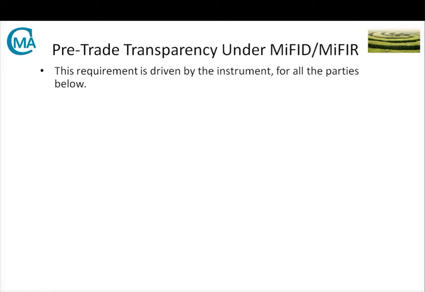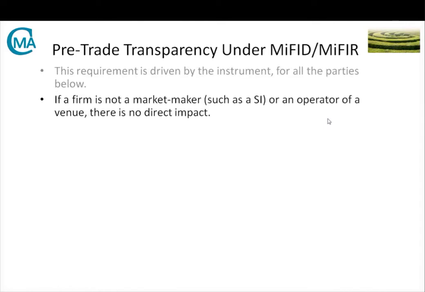Okay, so pre-trade transparency. Once again, this is somewhat unique to the European venue, but this is by the instrument for all of the parties that we're going to list. So this is required no matter where the parties are. It applies to a market maker or the operator of a venue.